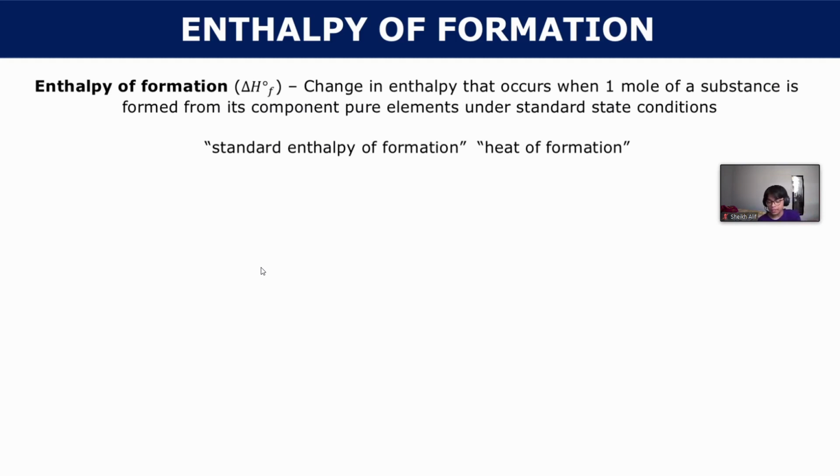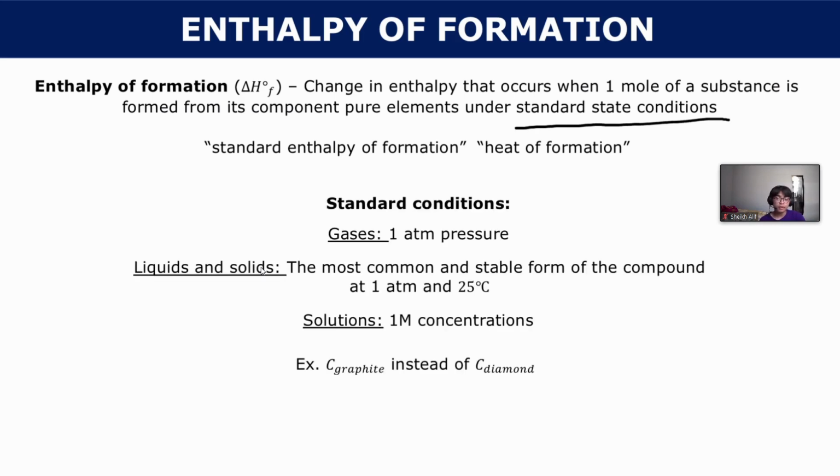And so there's an interesting thing here called standard state conditions. What are standard state conditions? Well, they vary for whatever you're looking at. So for gases, they're going to be at 1 atmosphere pressure. For liquids and solids, they're going to be the most common and stable form of the compound at 1 atmosphere and 25 degrees Celsius.